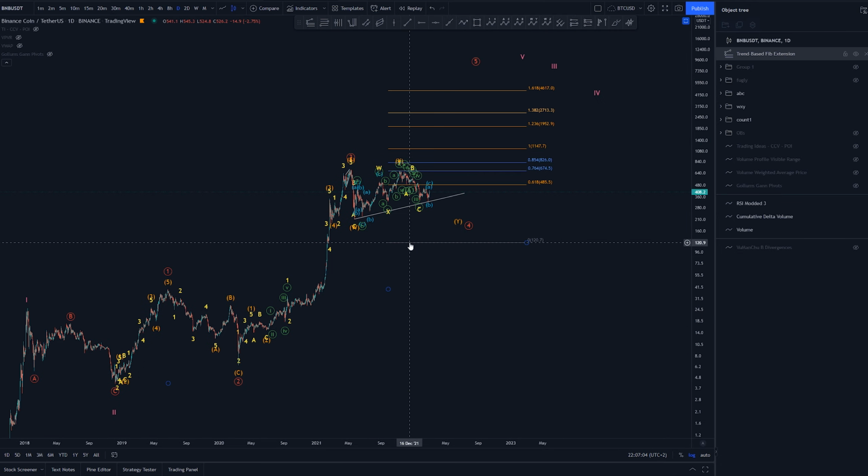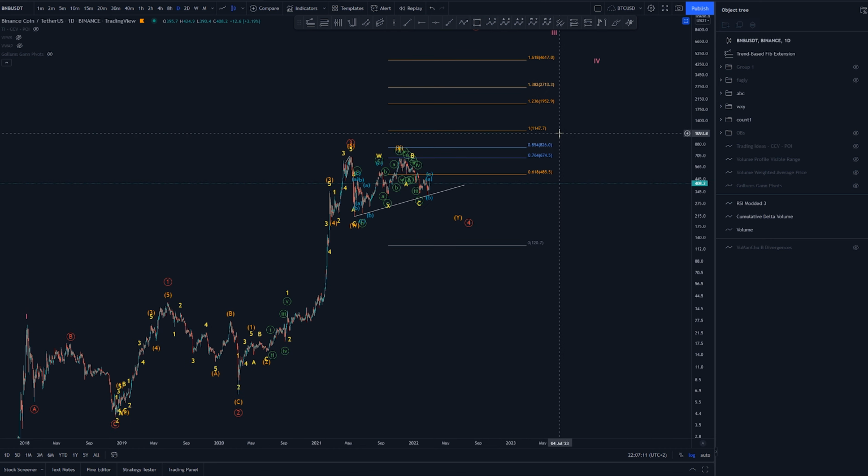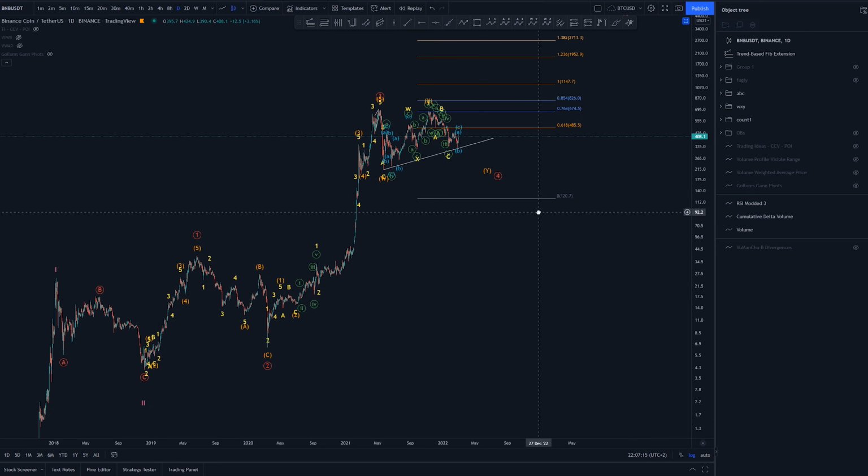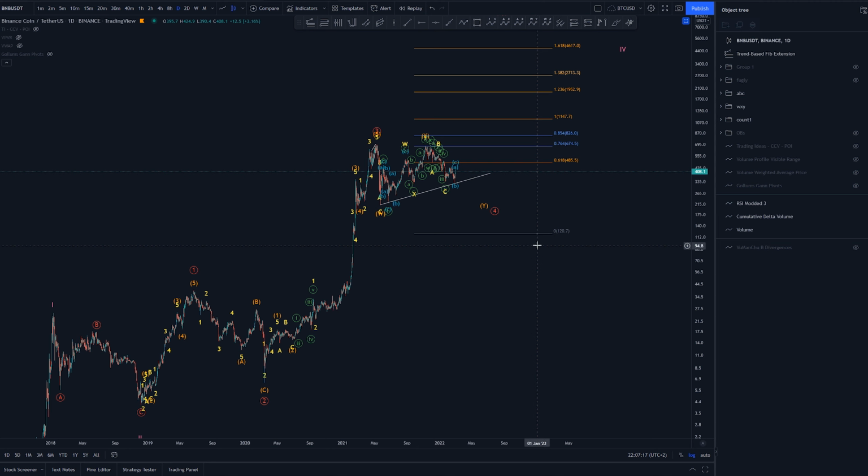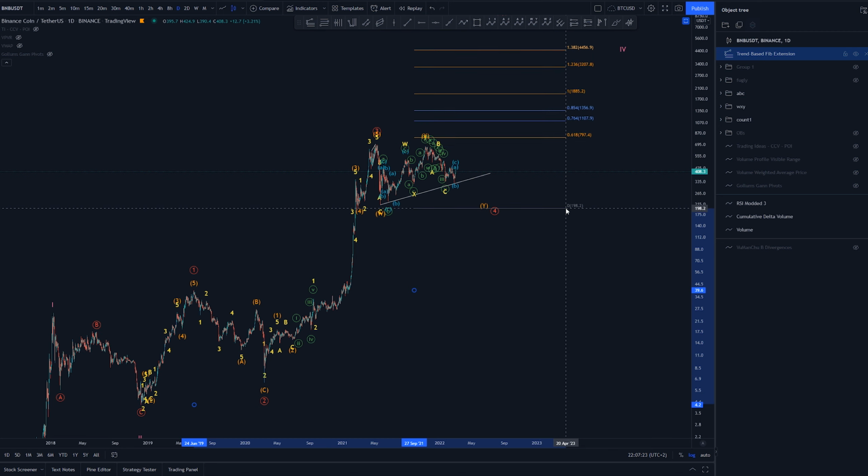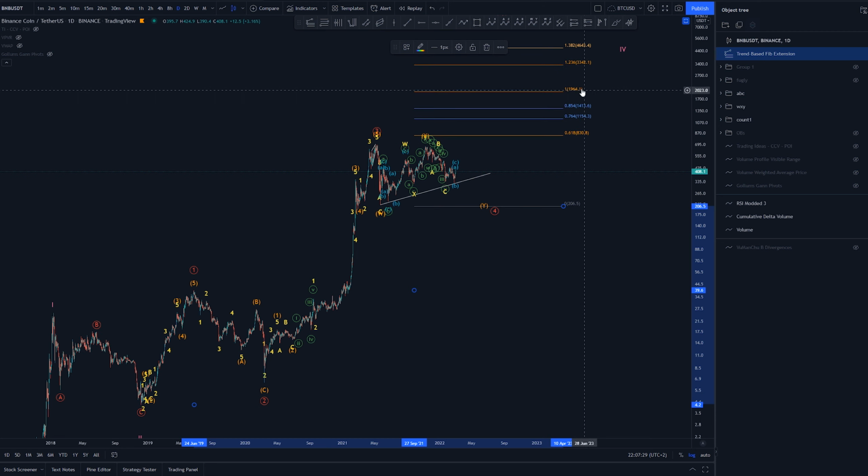If we come to the lower target here, we can target the 1-to-1 extension, which is 1.1k, and that is a pretty small target for this, as even just stopping around the other target here around $200, 1-to-1 would be almost 2k.